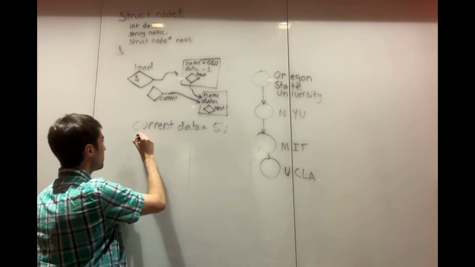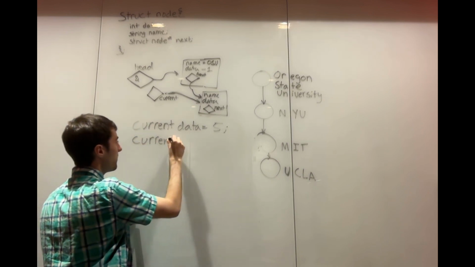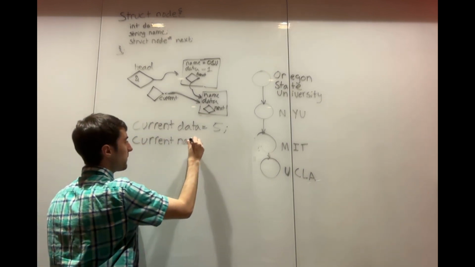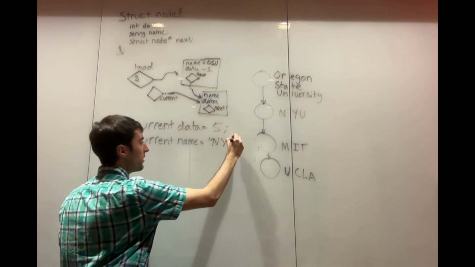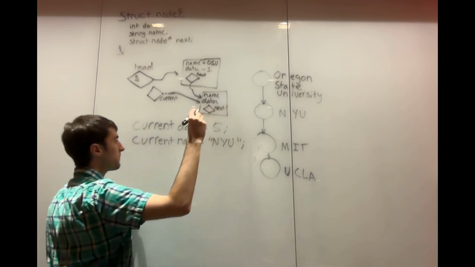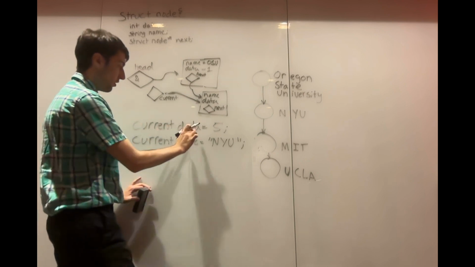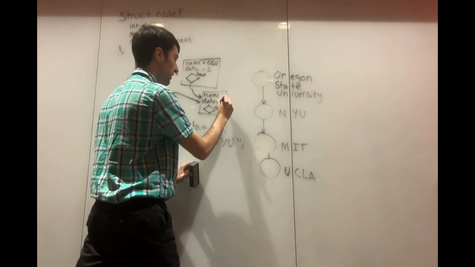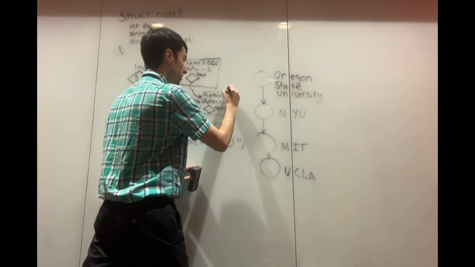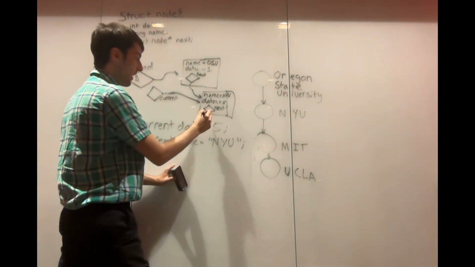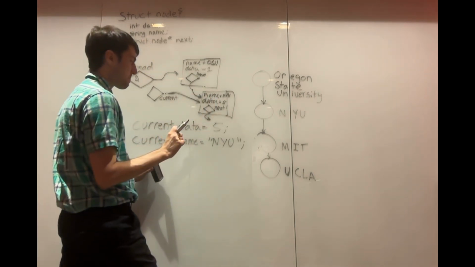And then current name equals NYU, okay? So current data is equal to 5, name equals NYU, and then next now is kind of out in the air, right?